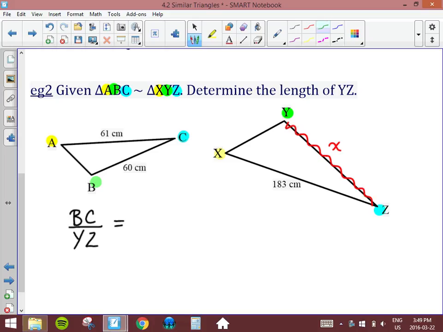The other side length that I'm going to use is going to be X to Z, because that's the only other side length that I have in the bigger triangle. Now that goes from the yellow dot to the blue dot, so I know that I'm using AC in the smaller triangle. Smaller triangle on top, bigger triangle on the bottom. And now I can fill in what I know.